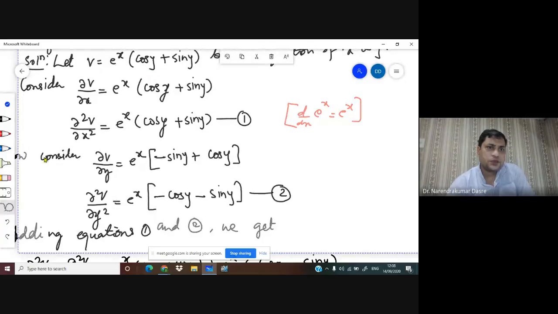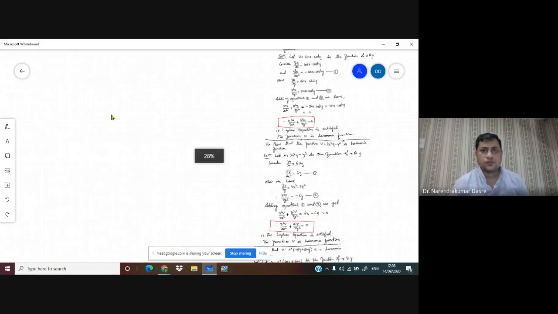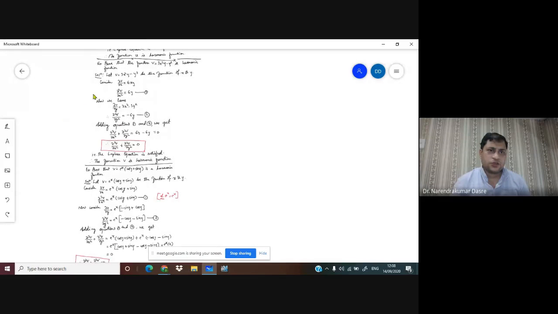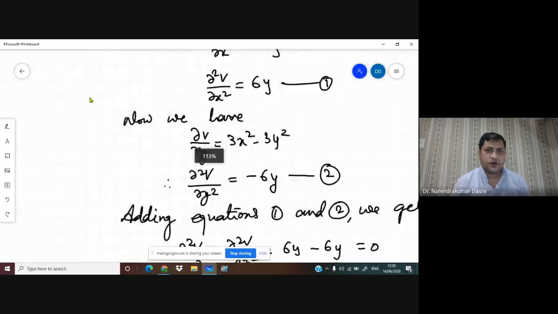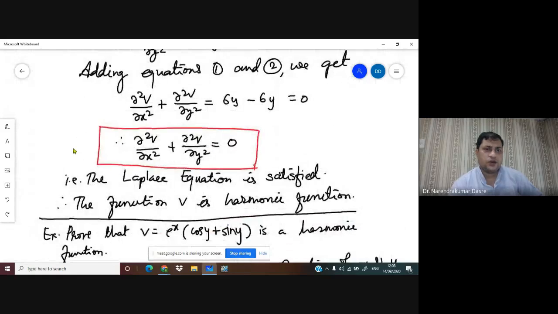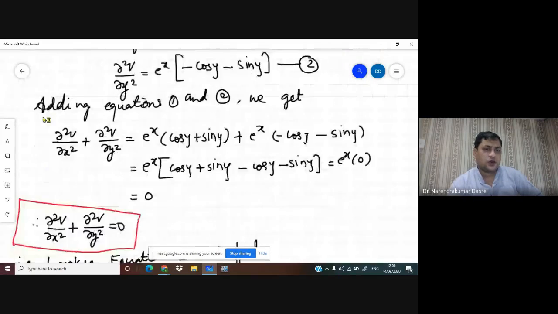Now, next we have the idea of the harmonic function. If you have the idea of harmonic function, then the next question is how to find the conjugate.